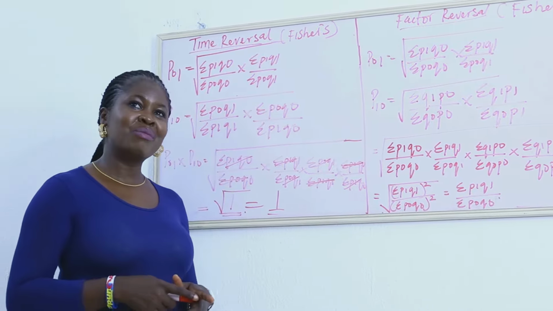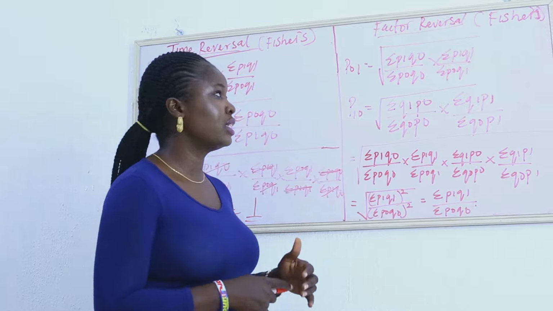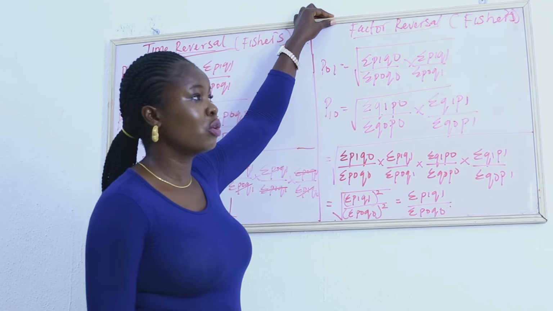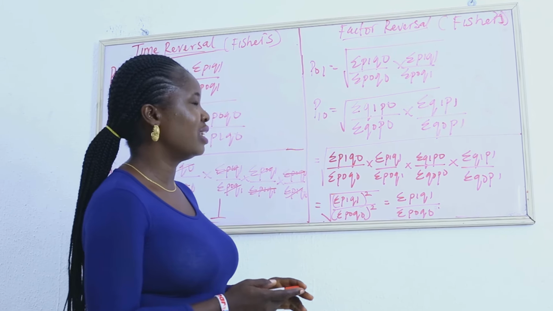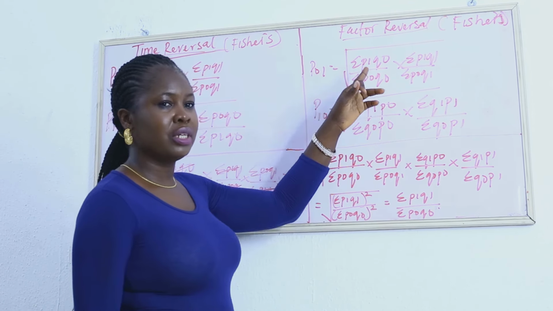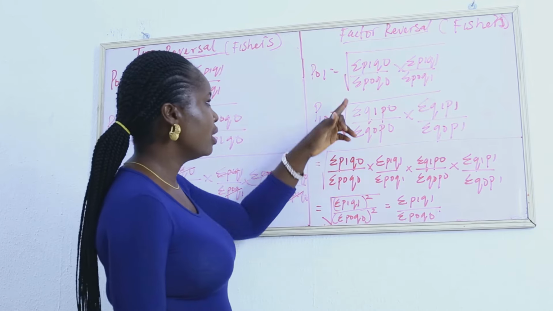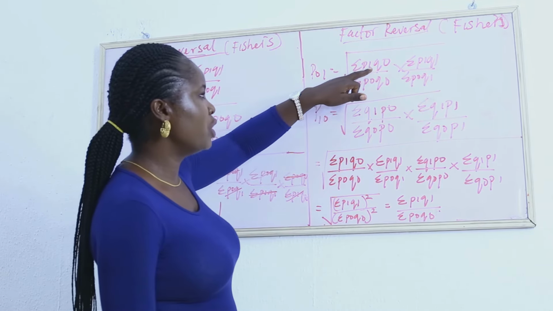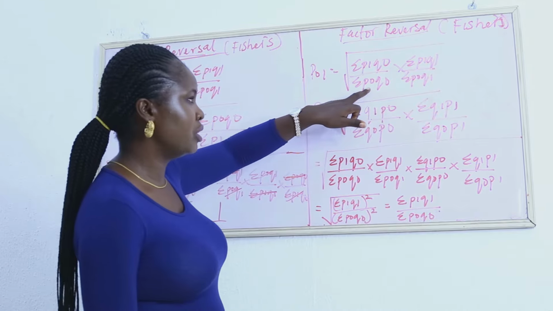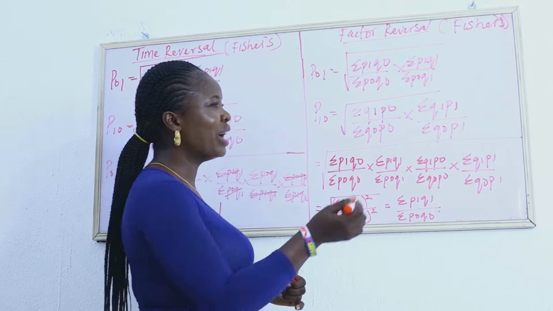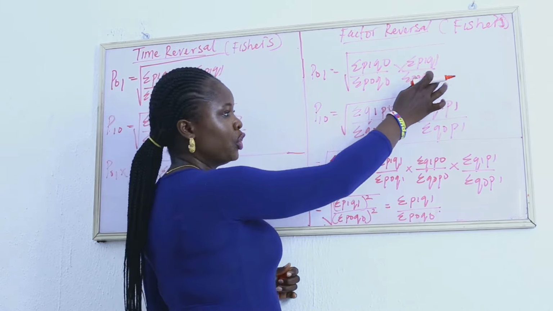Then the same principle that we have used for the time reversal test is a little advanced when it comes to the factor reversal test. The factor reversal test just says anywhere you see P, change it to Q, and anywhere you see Q, that is quantity, change it to price. The formula says summation of P1 Q0 all over summation of P0 Q0, multiplied by summation of P1 Q1 all over summation of P0 Q1.